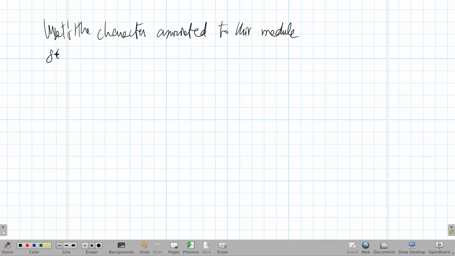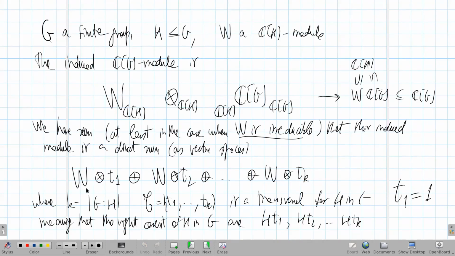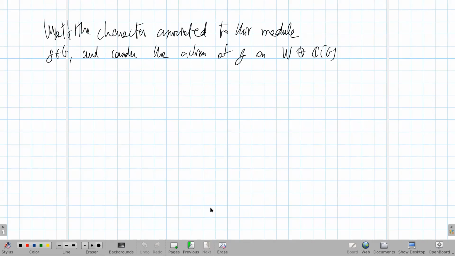We take g in G and consider the action of this g on the right on this module. So we had seen that this module is a direct sum of this stuff. So let's look at the matrix.